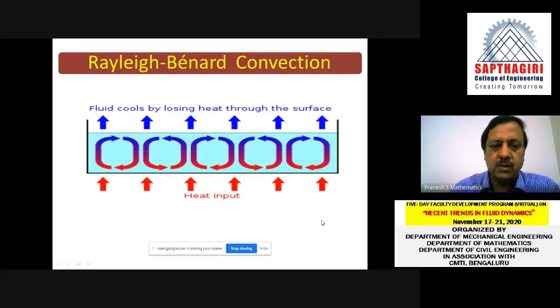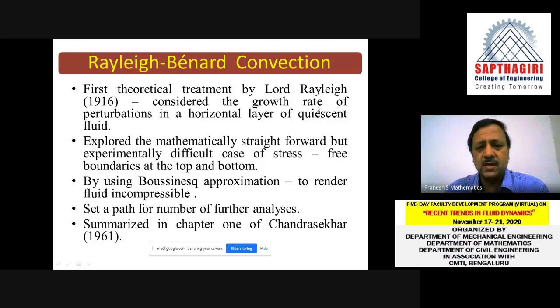The theoretical treatment was given by Lord Rayleigh and explored mathematically in many straightforward but experimentally difficult cases. One of them is stress-free boundaries at top and bottom, which is not possible in the experimental case.